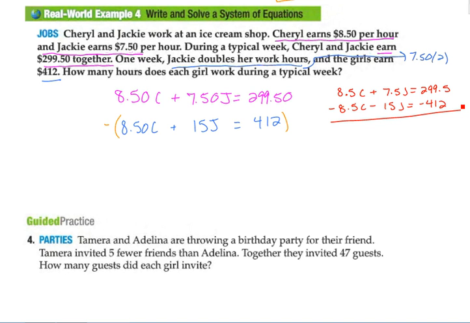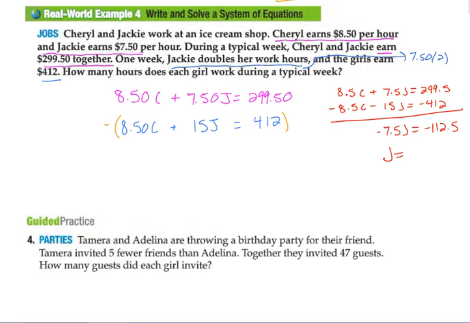And now we can go ahead and solve this, because look at this. We get rid of Cheryl. We'll go ahead and focus on Jackie. We do have a negative here, which is fine, because when we set our 299.50 minus 412 equal to each other, we end up with a negative 112.50. When we divide that by the negative 7.50, we end up with 15.